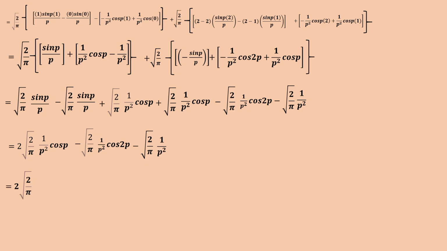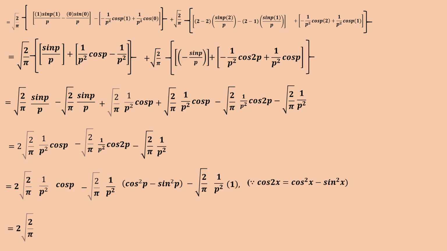Before taking the common term, we are using the cos 2p trigonometric formula: minus root 2 divided by pi 1 by p square, that is cos square p minus sin square p. Then the last term can be written as root 2 divided by pi 1 by p square into 1.